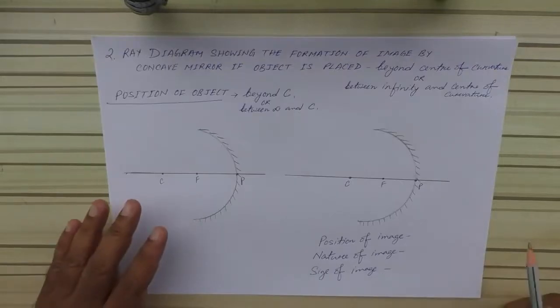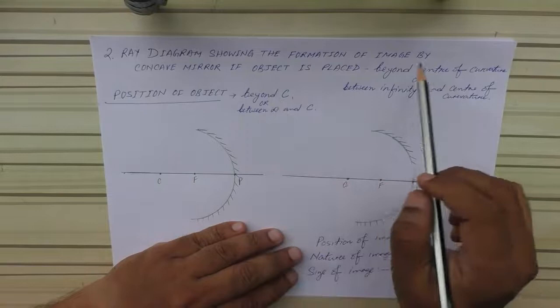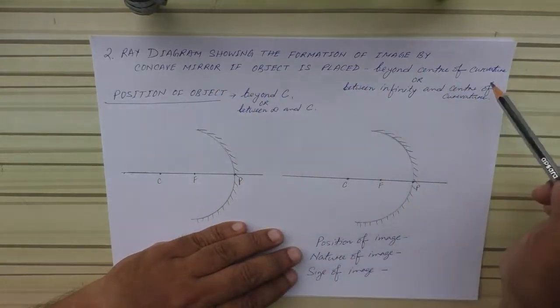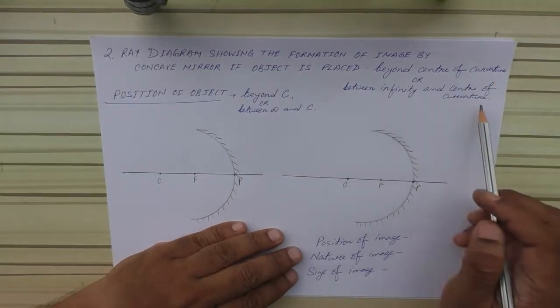The second diagram: the ray diagram showing the formation of image by a concave mirror if the object is placed beyond the center of curvature, or between infinity and the center of curvature.